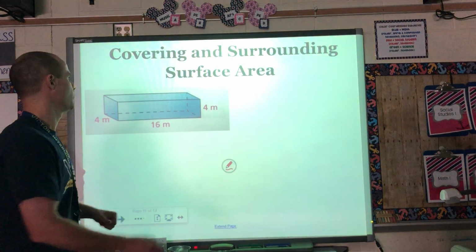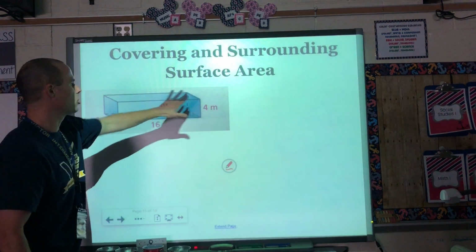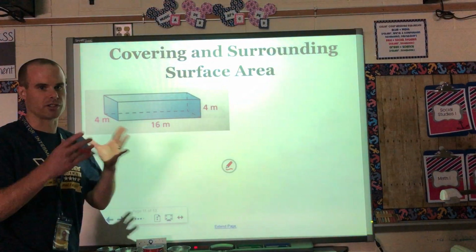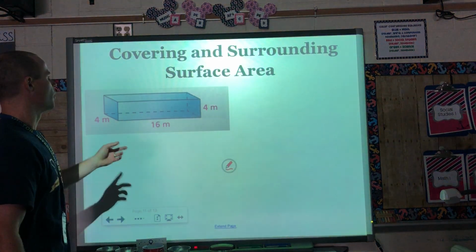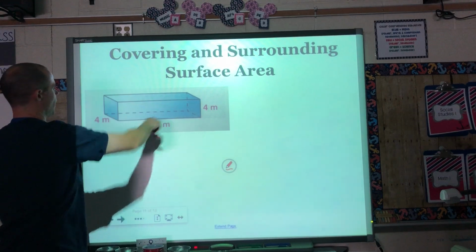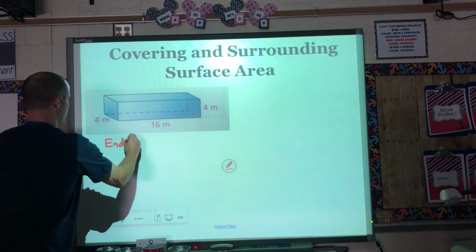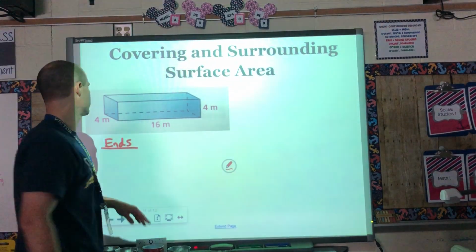gift is underneath. So the first thing we need to think about is, let's think about each surface separately, finding the areas of each surface separately, and then maybe putting them back together in the end. So the first ones that we're going to look at are the ends of our rectangular prism that we have here. So I'm just going to make an area where we're going to write down some information we know about the ends.